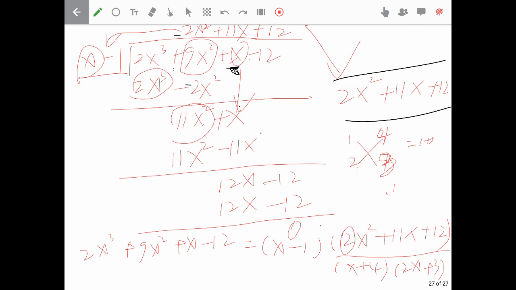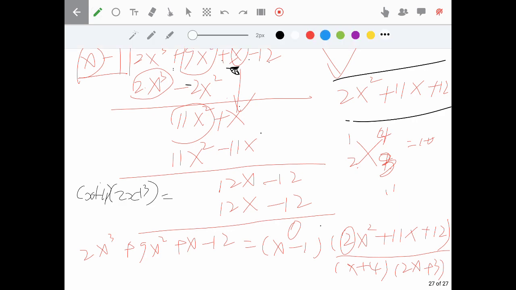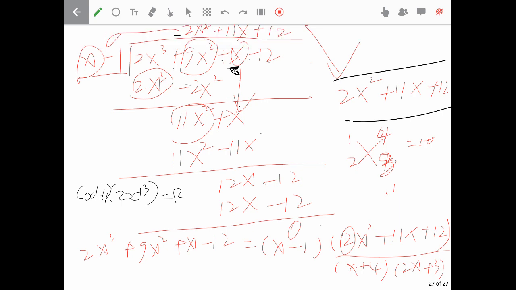Alright, then we solve the equation for question C. That equals 12, using the solution for B. It should be x plus 4, 2x plus 3 equals 12. No, it's not right.